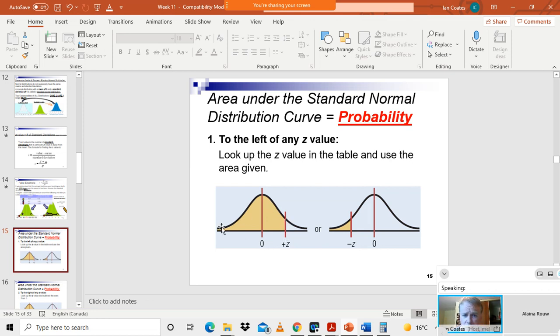Okay? So this is where we're at right now. If I randomly choose a person or apple from this area, what is my probability of doing so? How do we figure that out? The area under the curve. Now remember, what is the whole area under the curve? It's 100% or 1. What about just offhand, if I just ignore this for right now, what is the probability of this?